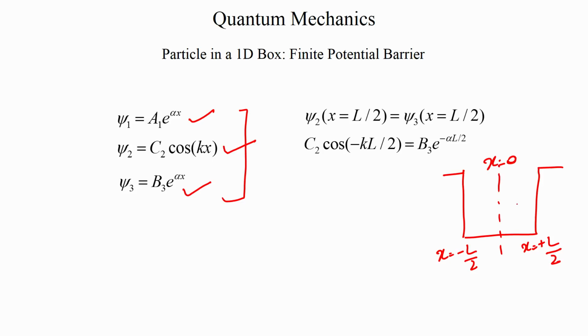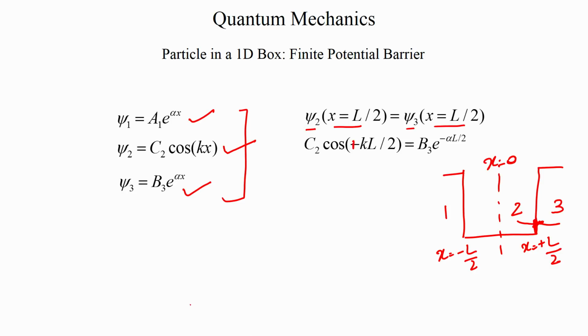Now this is region 2, that is region 3, and that is region 1. If you look at this boundary, since the wave function has to be continuous, psi 2 at x equal to L by 2 must be equal to psi 3 at x equal to L by 2.